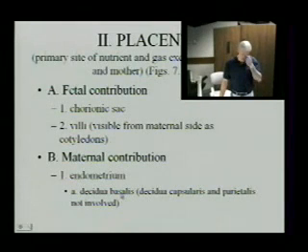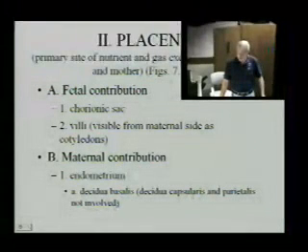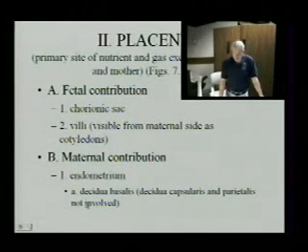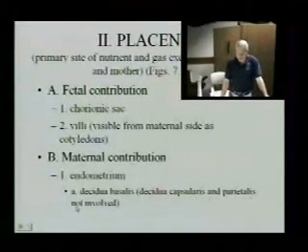Actually, there's a few different parts to it that we will describe. Decidua capsularis and parietalis are not involved in the endometrial contribution to the placenta. But there are other parts of it, the decidua capsularis and parietalis, that we'll define and describe as we proceed.